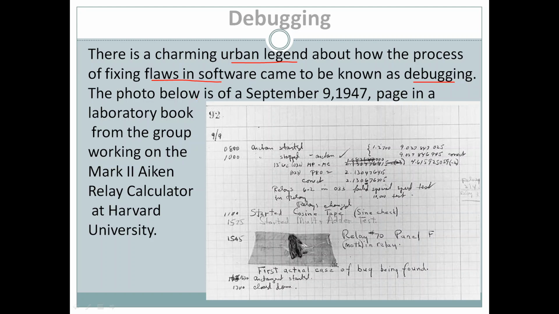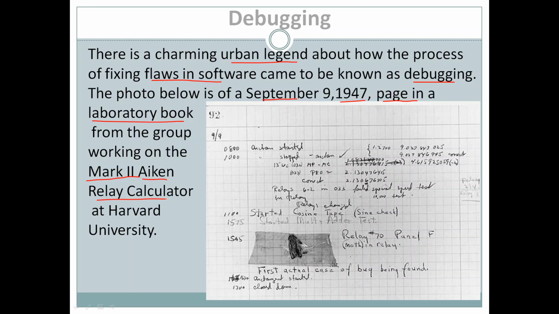The photo below is of September 9, 1947. It is a page in a laboratory book from the group working on the Mark II Aiken relay calculator.